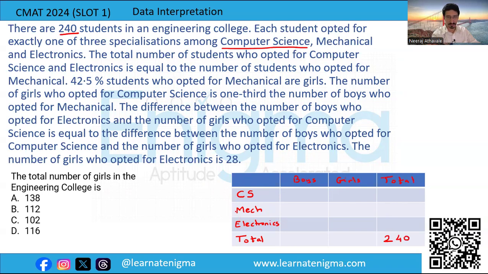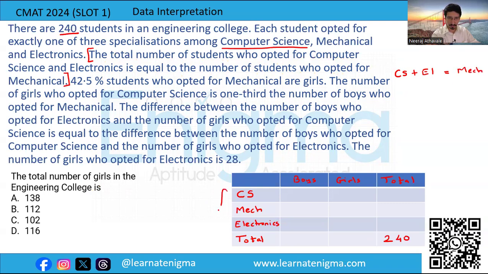So basically, CS plus mechanical plus electronics total is 240. Now, it is given that the total number of students who opted for computer science and electronics, so CS plus electronics, is equal to the number of students who opted for mechanical.